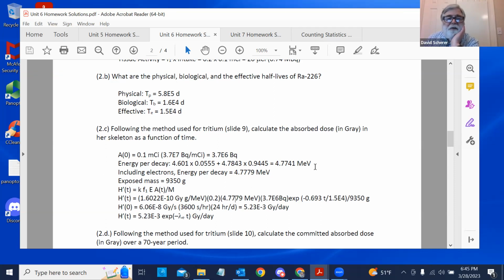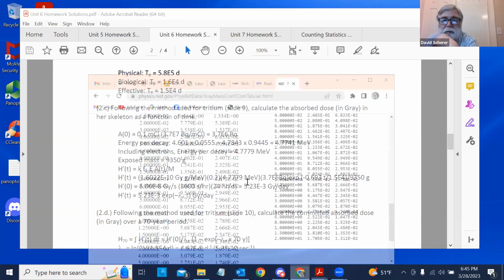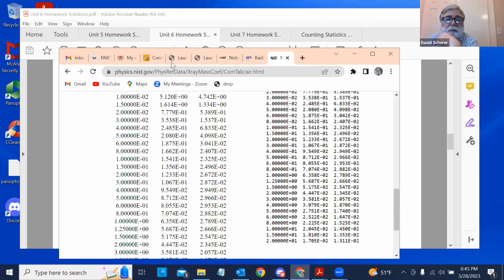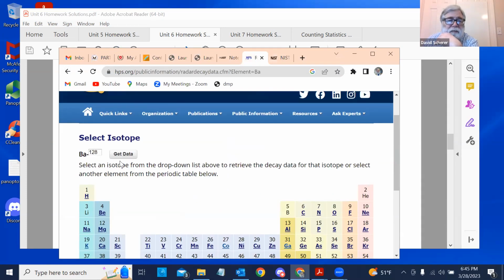Now, a lot of people did these calculations in seconds. I did them in other units. That's fine. First thing we had to do is figure out what the decay is, the energy of the charged particles. So we go to our HPS website. We look at radium-226.